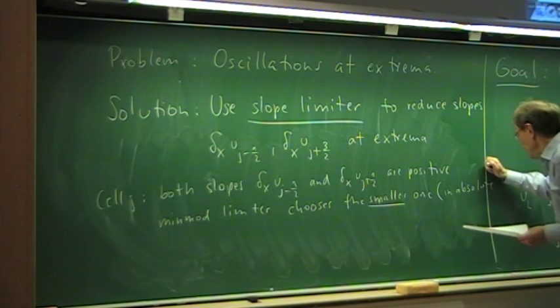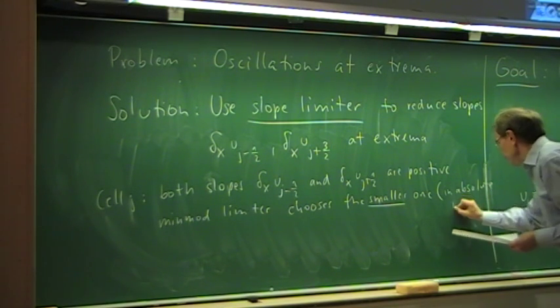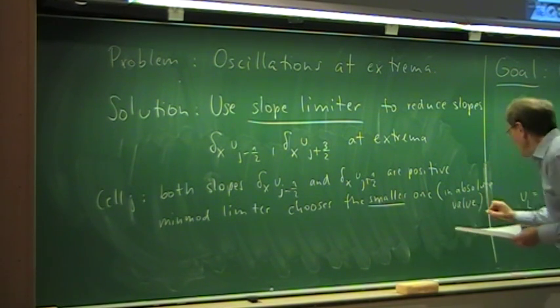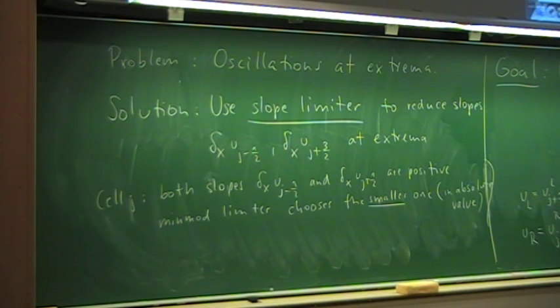We'll see that shortly. So the magnitudes of the slopes are compared, and the one that has the smallest magnitude is chosen.